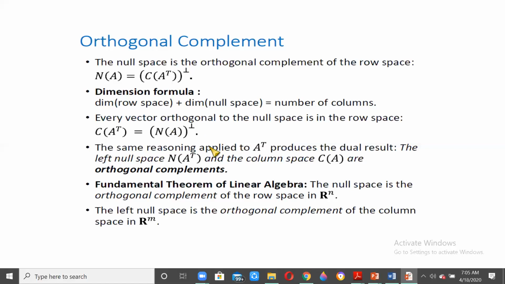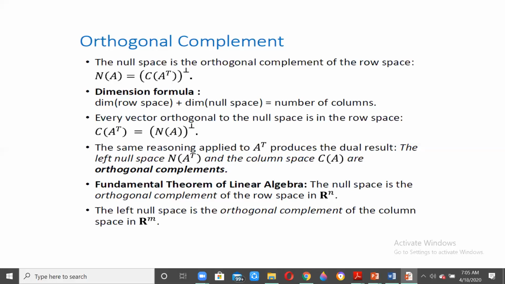The same reasoning applies to A transpose, and this produces the dual result: the left null space N of A transpose and the column space C of A are orthogonal complements. So this gives us that the dimension of the left null space plus the dimension of the column space gives the number of rows.